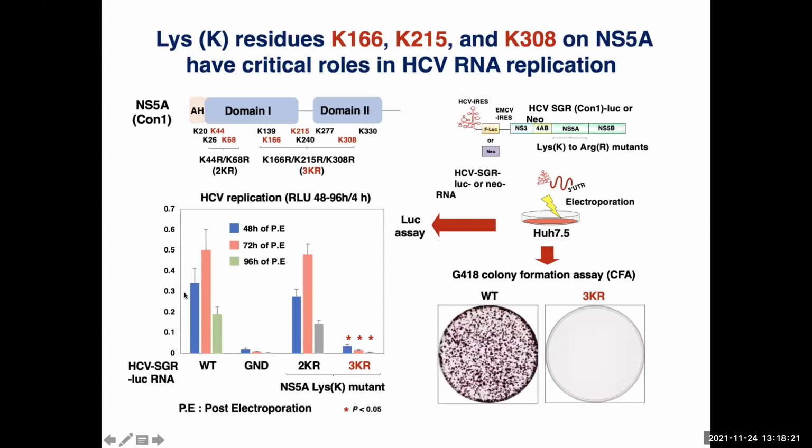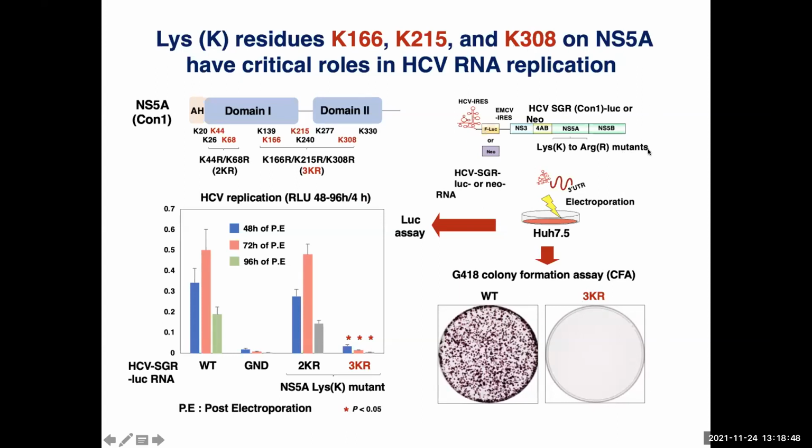Then we examined the role of these lysine residues, and we mutated them, and we found that lysine 166, lysine 215, and lysine 308 are important for replication of HCV.